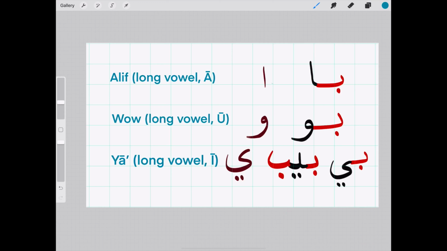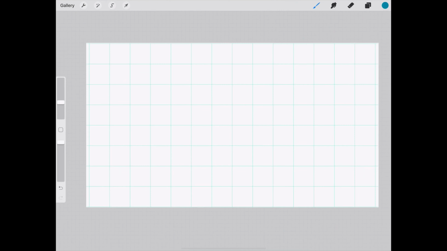The third vowel is the ya long vowel or the e long vowel. So if you have it attached to the ba letter, what does it become? Bee. All right? So let's try and test ourselves. You can pause the video anytime you wish to practice and repeat, because this is critical for the process of learning.